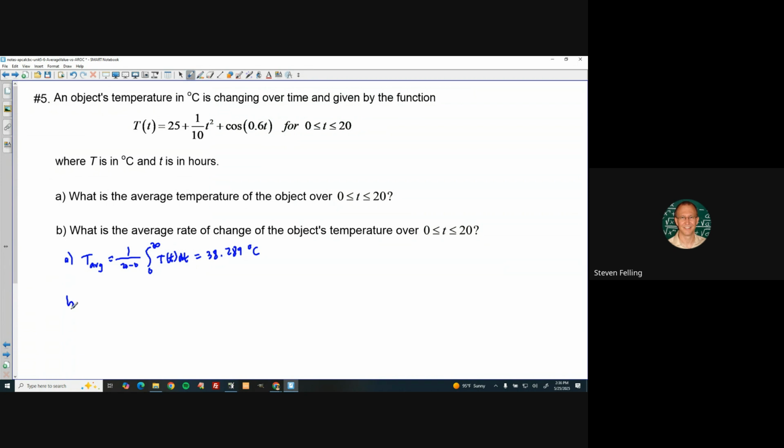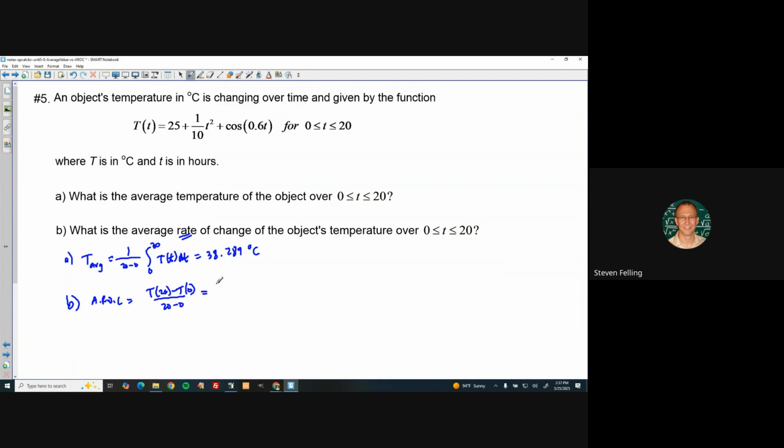Right? For part B, that's an average rate of change. So the average rate of change is equal to the temperature at 20 minus the temperature at 0 divided by the time interval.